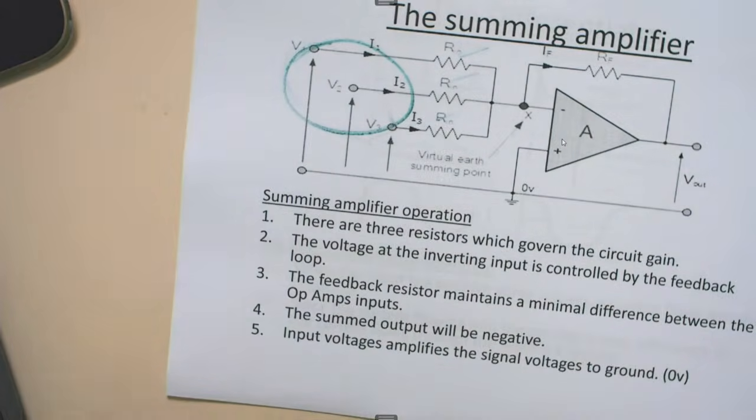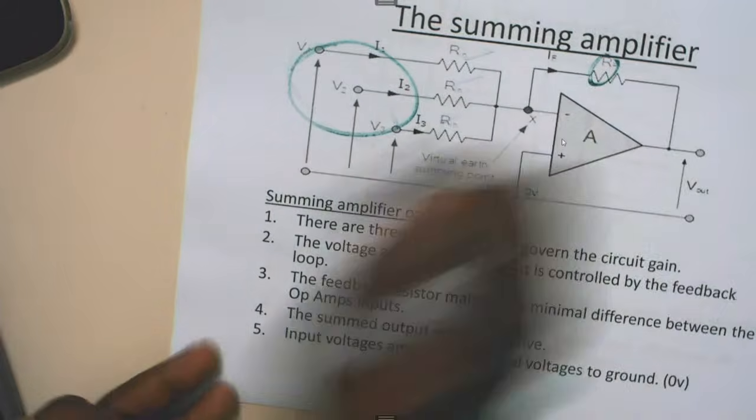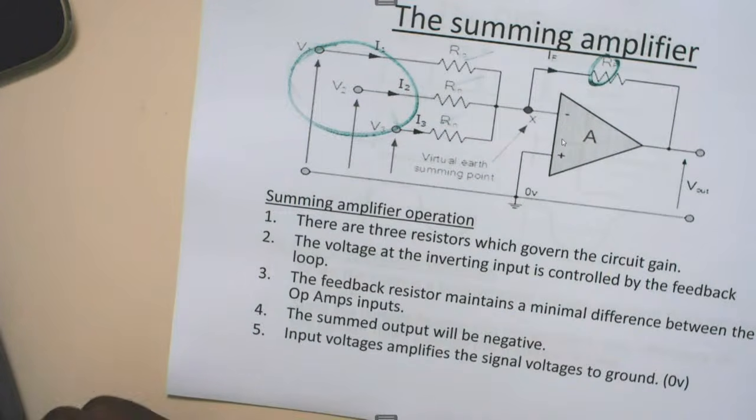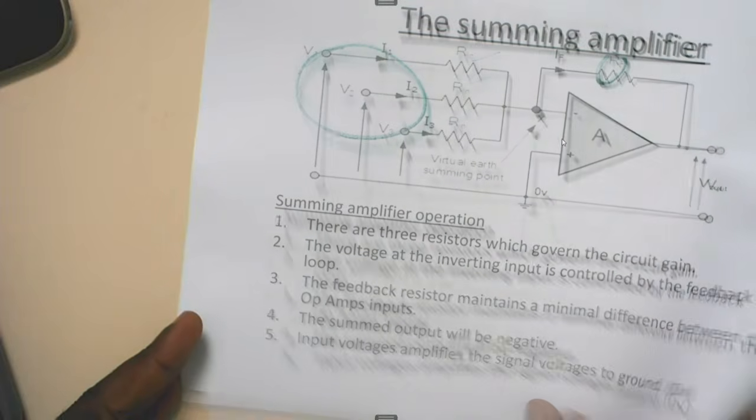Then the feedback resistor, which in this case is our RF, maintains minimal difference between the op-amp inputs. The summed output will be negative. Input voltage amplifies the signal voltage to ground, which is 0 volts.